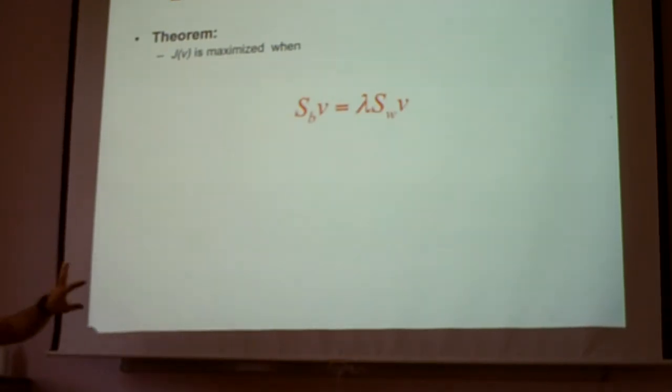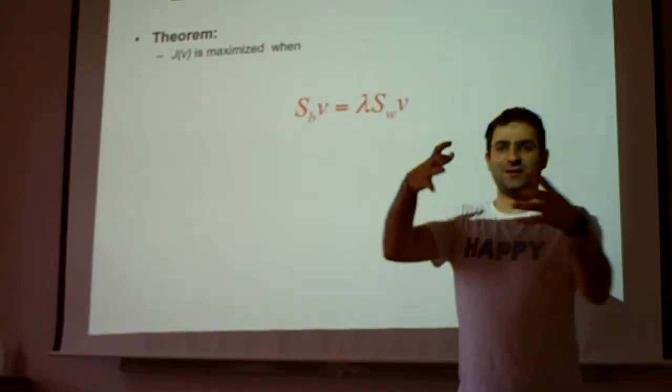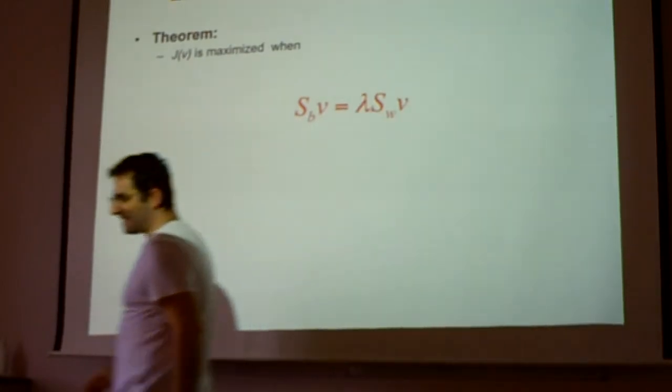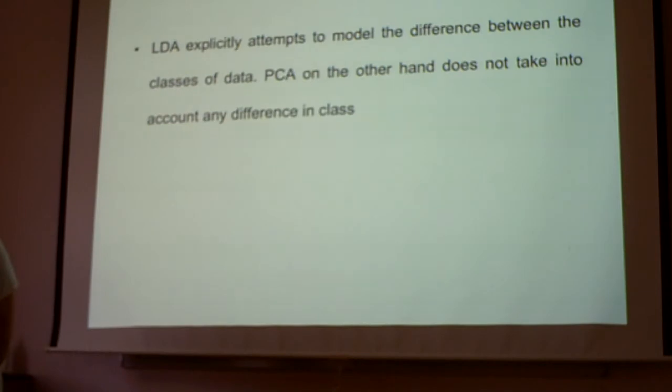Here we don't talk about two classes, we talk about n classes. That's why the formulas become nastier and more complicated when we want to display them.